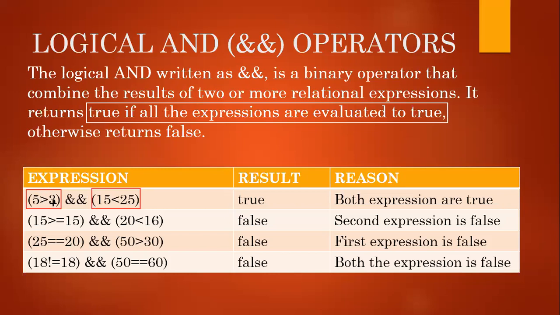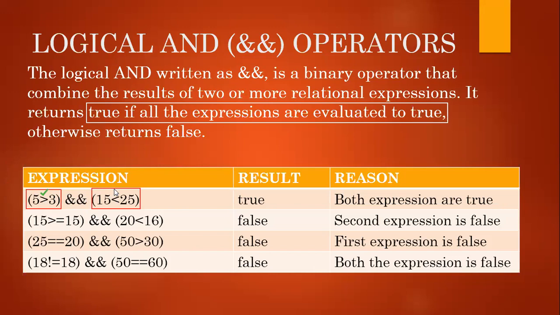Now, what will be the result of this and this? These two relational expressions are combined together using the AND operator. So how will it come out? See, 5 is greater than 3. Is it true or false? Yes, it is true. And 15 is less than 25. Is it true or false? Yes, even this is true.